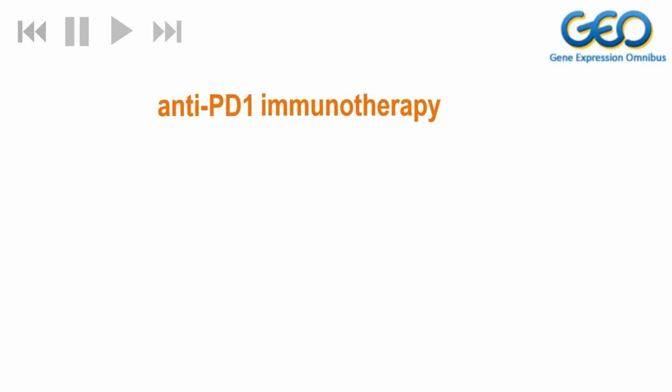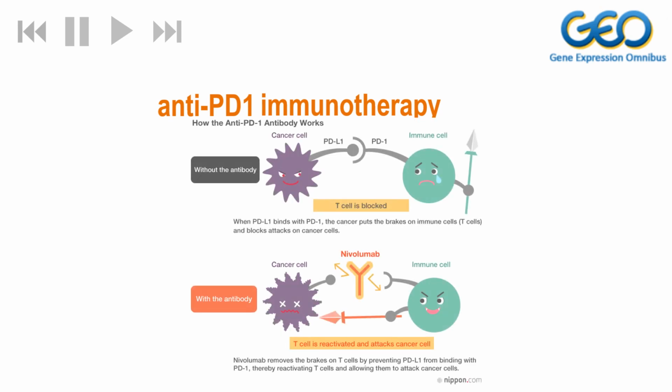The immune system has the ability to attack cancer, but tumors are smarter and have lots of mechanisms to evade the immune system. One of these mechanisms is the PD-1 PD-L1 blockade. When PD-L1 binds PD-1, the cancer puts the brakes on the immune cells, blocking their attacks.